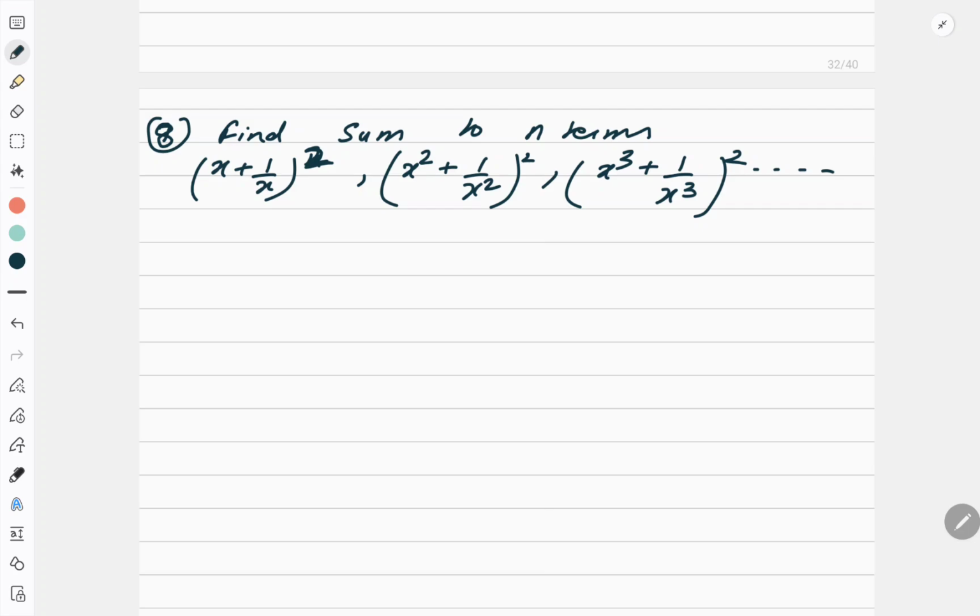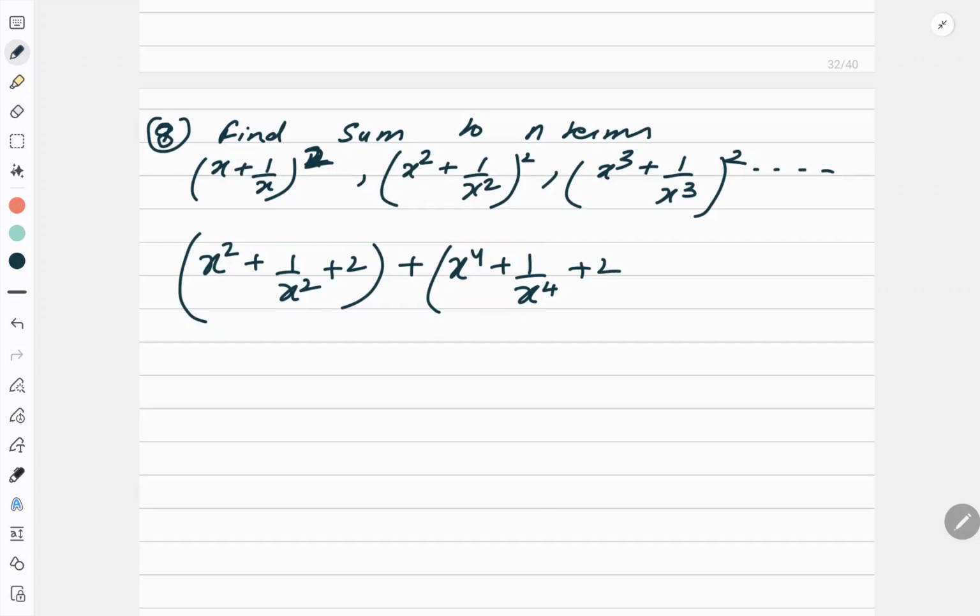See, again I have to find out the sum of n terms. If you observe the first bracket you can apply the formula a plus b whole square. So a plus b whole square, and I am applying x square plus 1 by x square plus 2, plus x to the power 4 plus 1 by x to the power 4 plus 2, plus x to the power 6 plus 1 upon x to the power 6 plus 2.